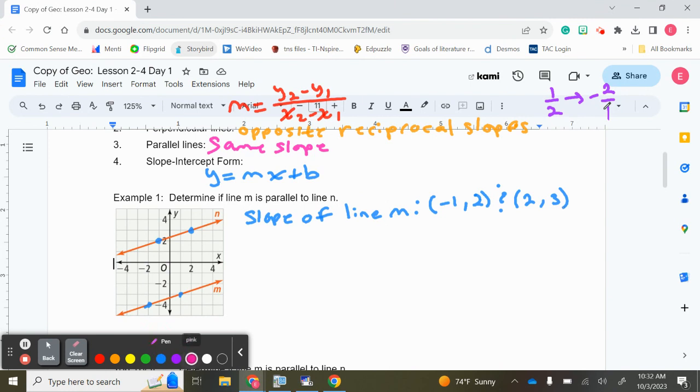So what I'm going to do here is label this my second point. This is my first point. You can flip-flop those. Just be consistent throughout. So I'm going to have here 2 minus 3 over -1 minus 2. This leaves me with -1 over -3, which leaves me with a positive 1/3 slope.